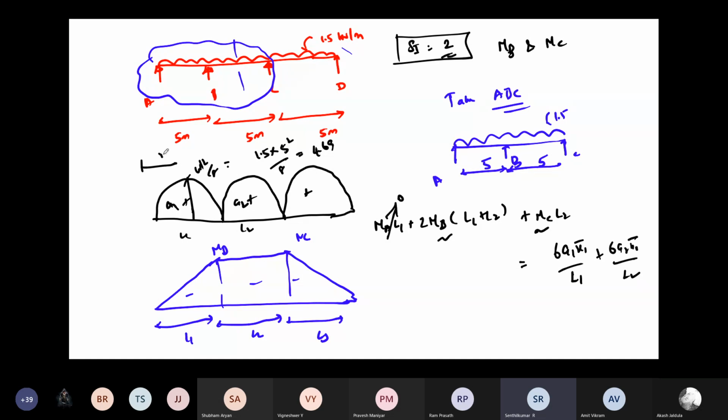So x1bar, again here, what is your x2bar? For a simple parabolic, that is nothing but L by 2 only. A1 and A2 are nothing but 2/3 of L H. So A1 is 2/3 of L H, so 5, and H is WL square by 8, that ordinate is 4.69, right?